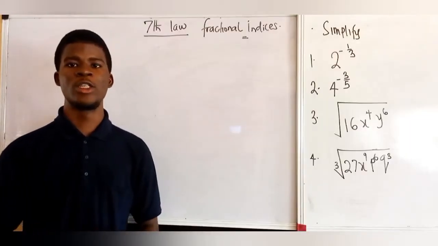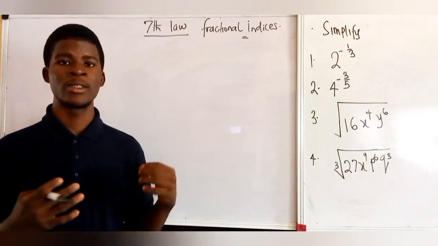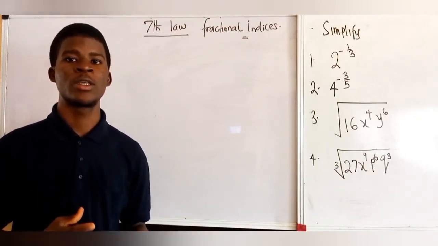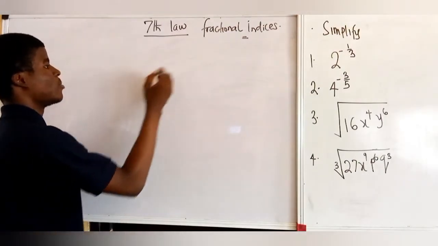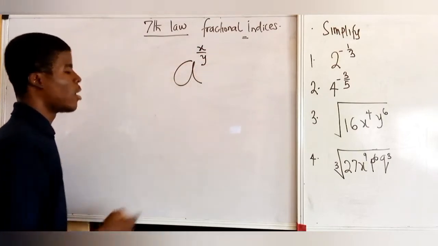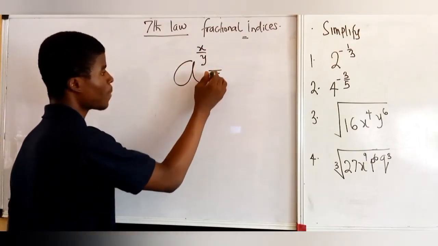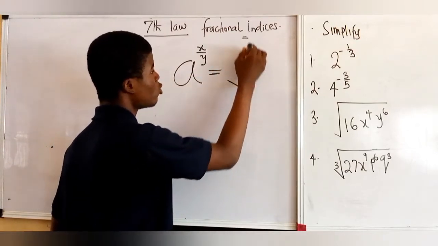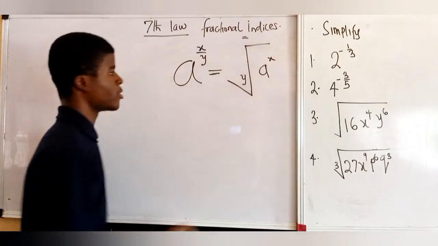So let's handle the second law of indices, the one that has to do with fractions. That is the index, the power that has to do with fractions. So let's handle that part. What does the law say? If I have something like a raised to the power of x over y, what is this equal to? It is equal to the y root of a, all to the power of x.